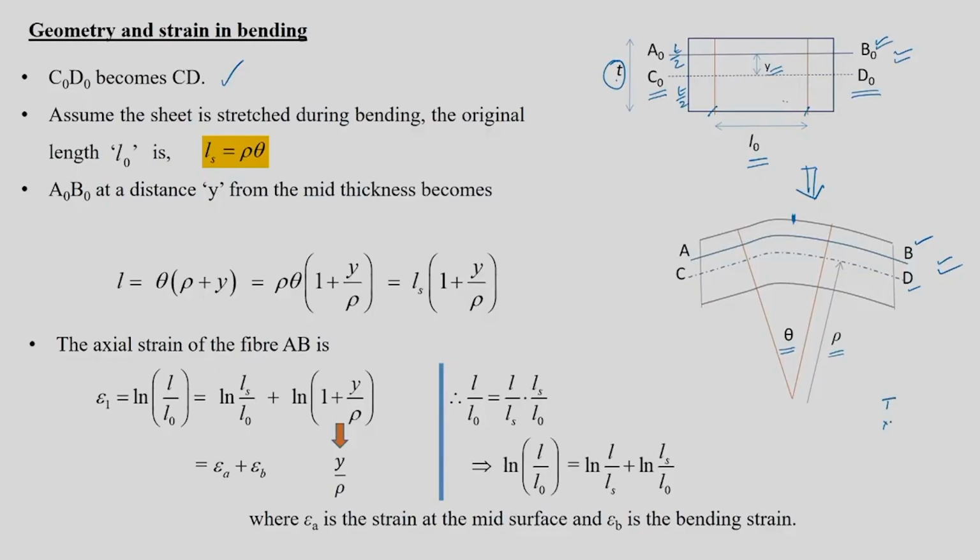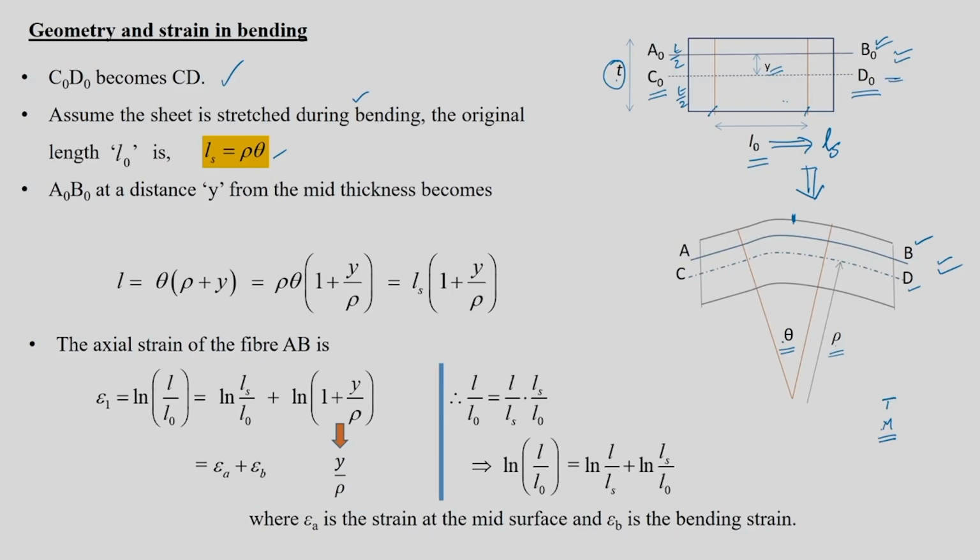Both tension and moment are available, so you are bending the sheet with stretching. Assuming the sheet is stretched during bending, the original length L naught is going to become LS, which is given by rho into theta. This is with respect to the mid location C naught D naught.